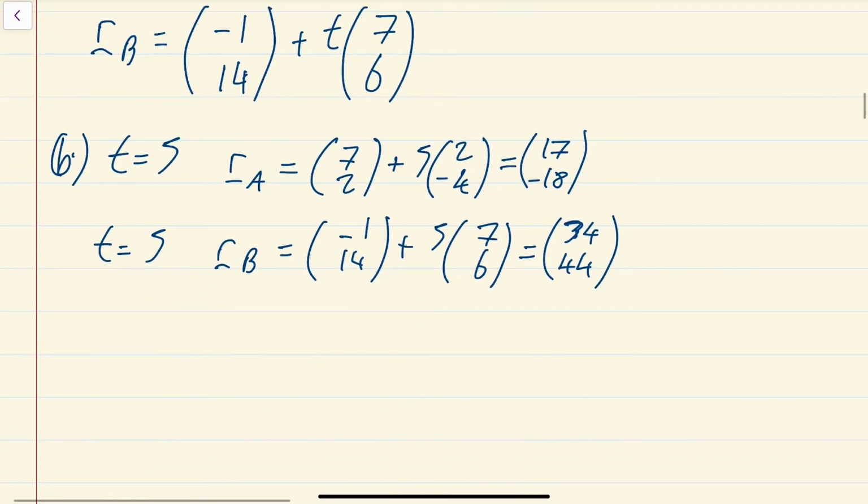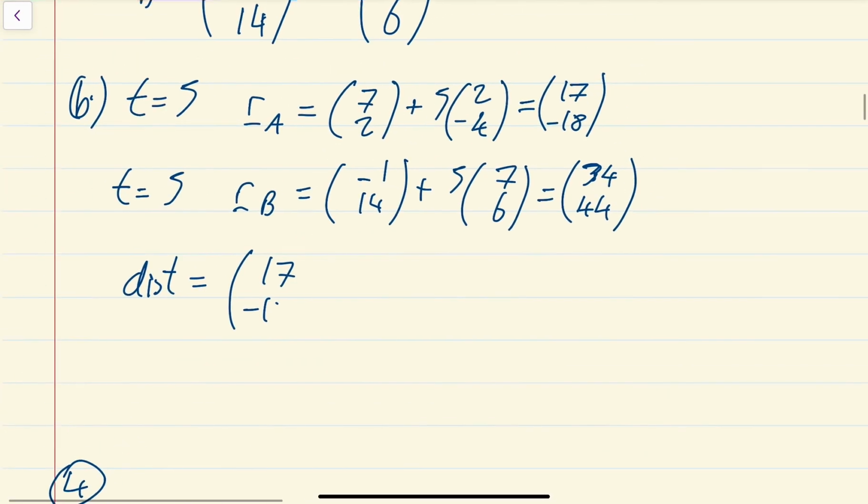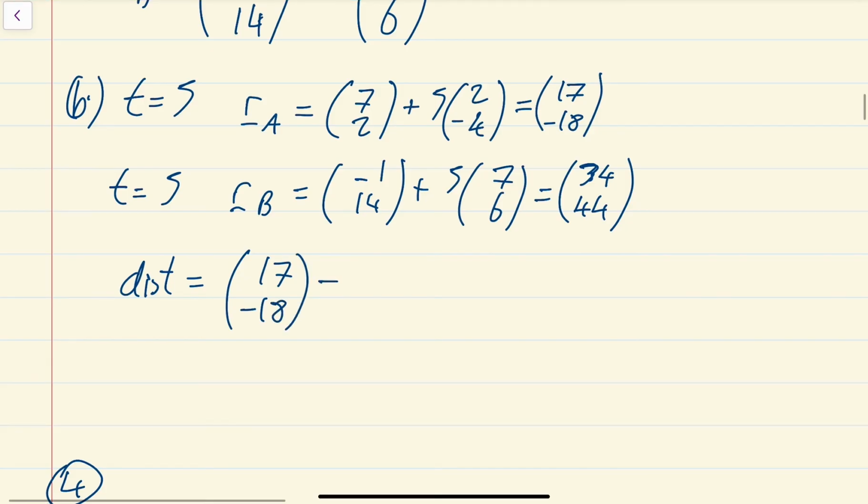Okay, the distance between them then, I'll just do it slightly differently than I did in the last question. The displacement between them is (17, -18) minus (34, 44), and that will work out to be (-17, -62).